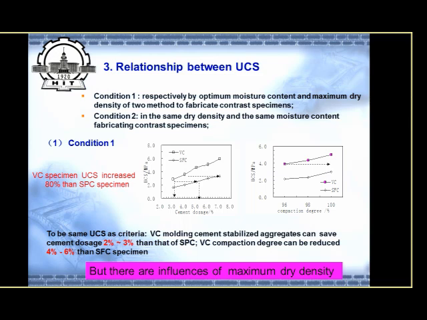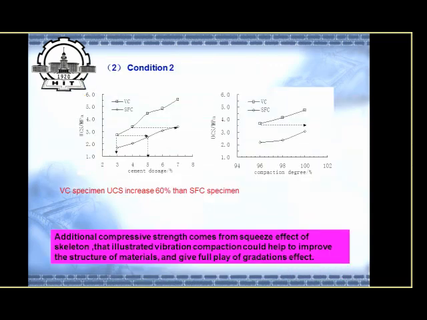But when the density is different, there are effects of the maximum dry density. Another condition is the same density, and the UCS will be increased by 60%. But you know, where does the additional compressive strength come from?